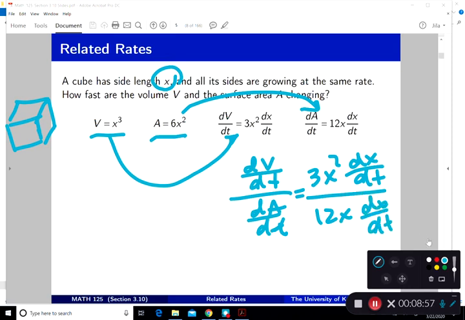And then I can simplify the dx/dt, and then simplify these. So this would be 1, this would be 4, and that goes away, and then I end up with x divided by 4. So V prime is equal to A prime times x over 4.